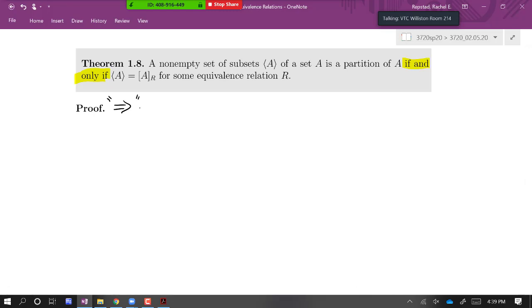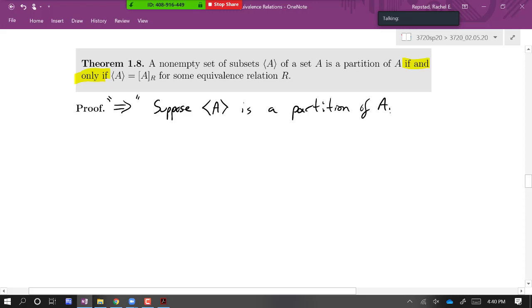If I'm going that way first, I'm going to suppose that I have a partition of A. So let's suppose that this set of subsets of A, so what we call our A1 or A2, right, or A sub I or A sub J, is a partition of A. So what I have is a set of subsets. And this consists of some subsets.